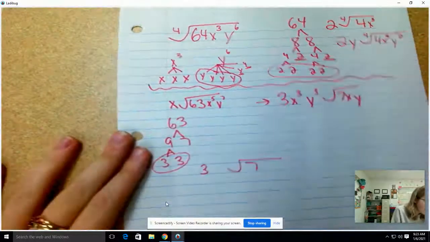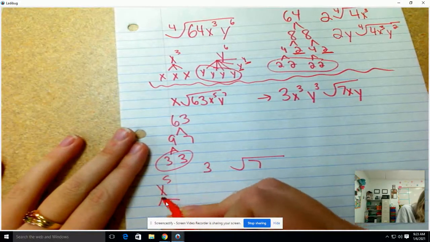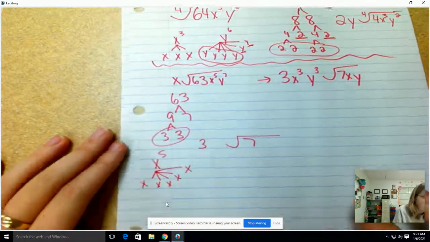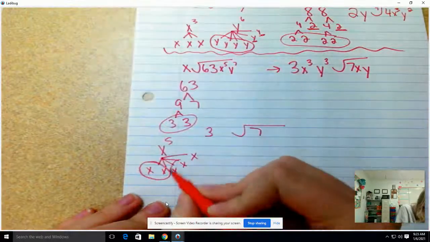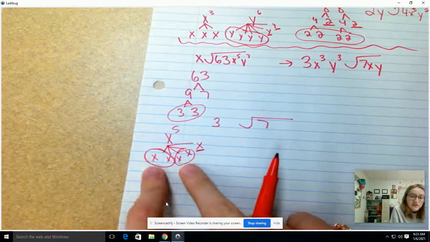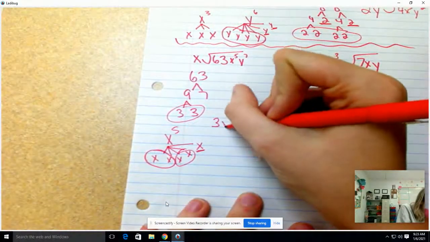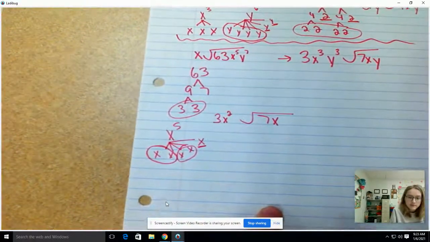No. But if I have x to the 5th, that means I'm going to have 5 x's being multiplied. So if I'm looking for pairs, one pair there with one left over. Whatever is circled, you're going to multiply those together. So x times x is going to give me x squared. I have 1 x left over, x.